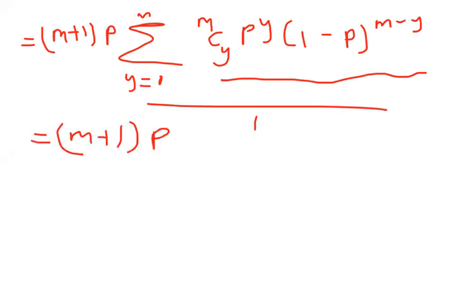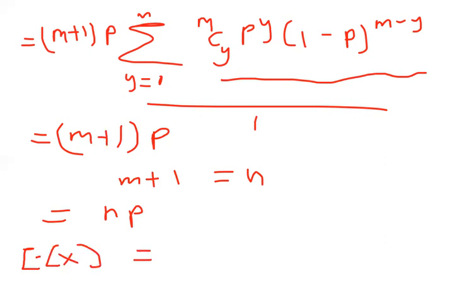But if you remember, we used m plus 1 to represent n. That means I can say that this is the same as np. In that case, the expectation of a binomial distribution is always equal to np. So this is a proof. This is quite easily done, very, very easy.